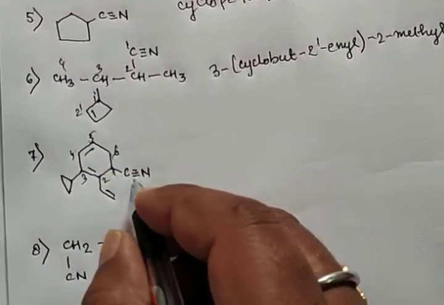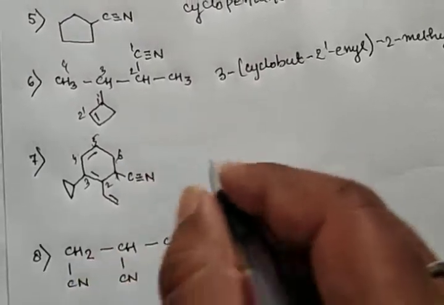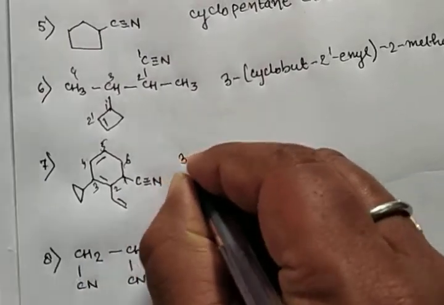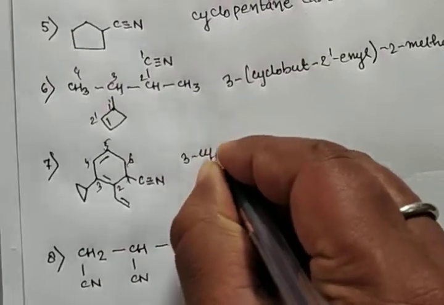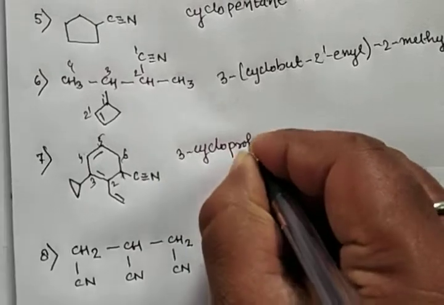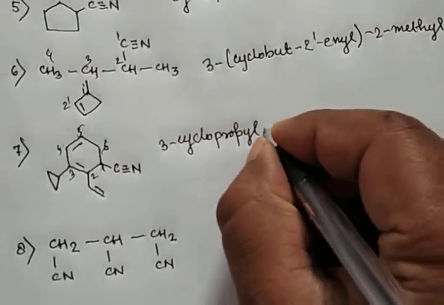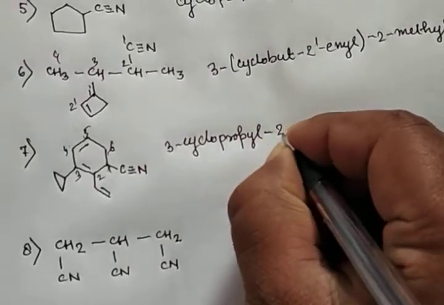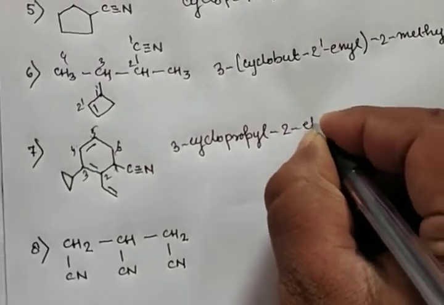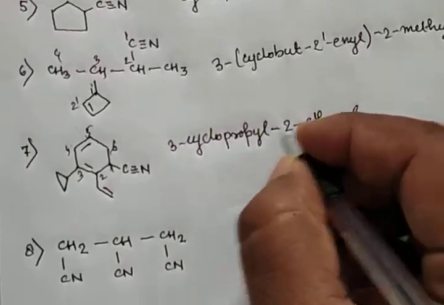So the first is 3-cyclopropyl, by alphabetical arrangement. First C, then 2-ethynyl. There is E and there is C.